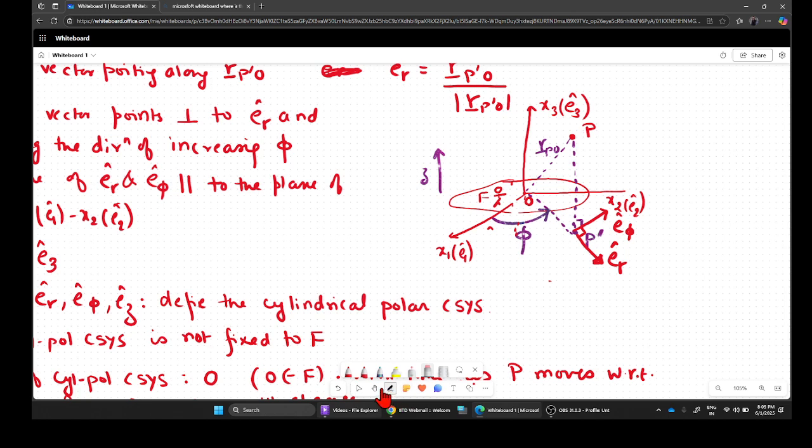In this diagram, I drew ER and E phi such that their tails were at point P prime. However, it doesn't matter as long as you keep the direction of this unit vector the same and translate it in a manner such that its tail sits at O and the vector still points along our P prime O vector, the vector remains unchanged.